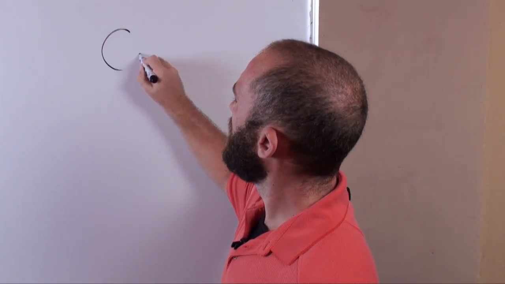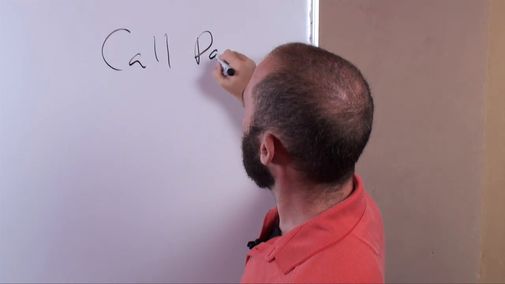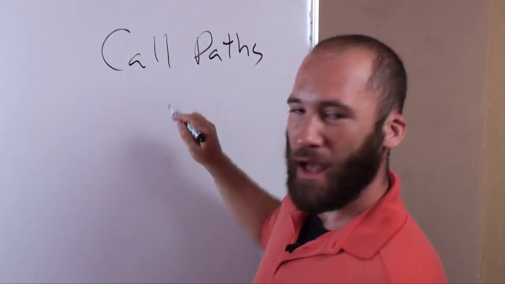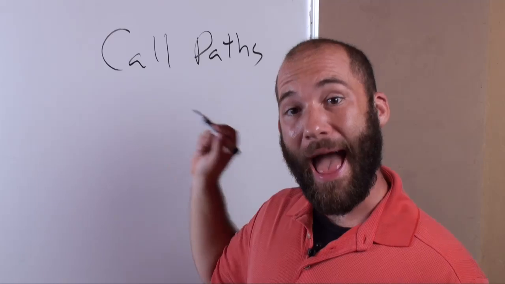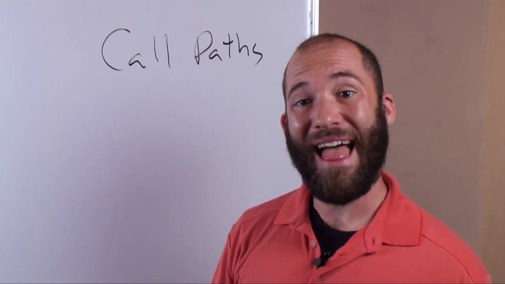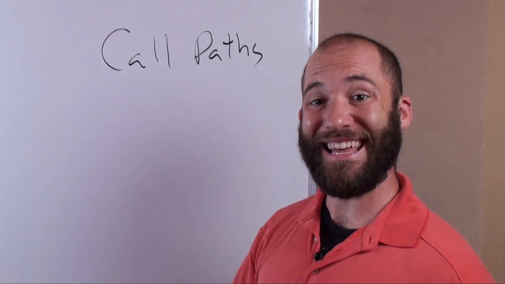Now, once you understand extensions, the next idea we need to talk about is something called call paths. What a call path is, this is what happens to a telephone call that goes to a certain extension.